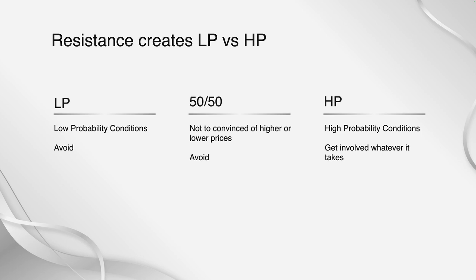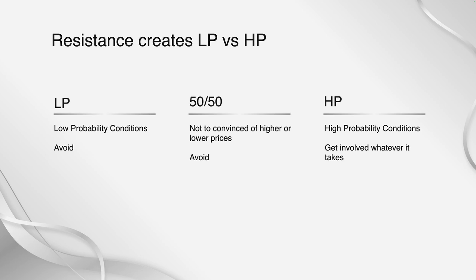But the point that I'm trying to get across is that oftentimes people will try to trade the low probability conditions and then will get so messed up or so destroyed by the low probability conditions that they do not even try to trade the high probability conditions anymore. So then the inverse happens where they're trading low probability conditions, avoiding the high probability conditions and then trying to trade the low probability conditions again.